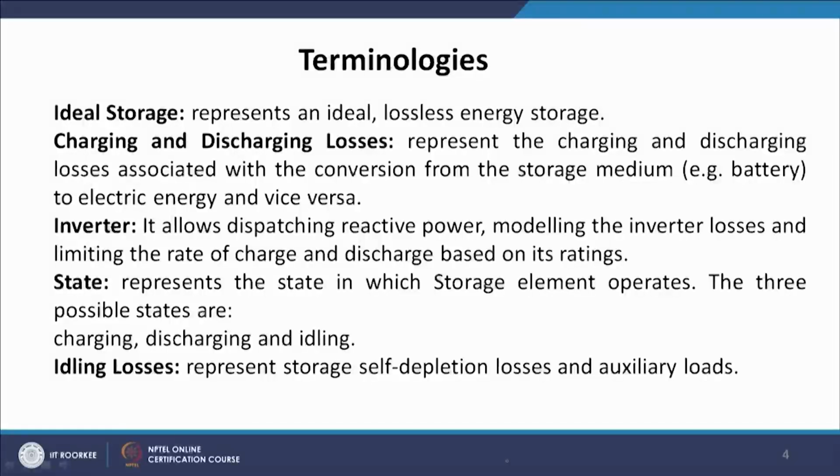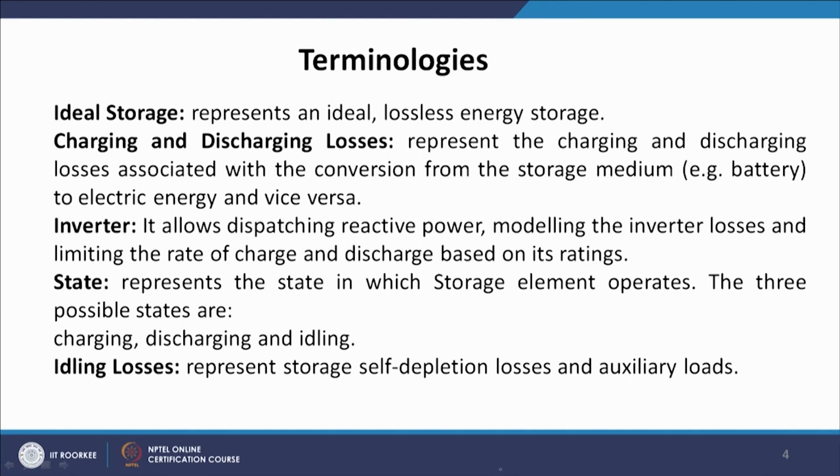We claim that during the charging and discharging pattern, storage devices experience a bit of losses, and these represent the losses associated with the conversion from the storage medium, for example a battery, to electric energy and vice versa. Now, there is an inverter, which allows dispatching reactive power, modeling the inverter losses and limiting the rate of charge and discharge based on its ratings.